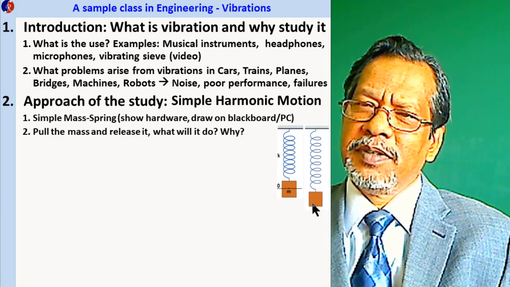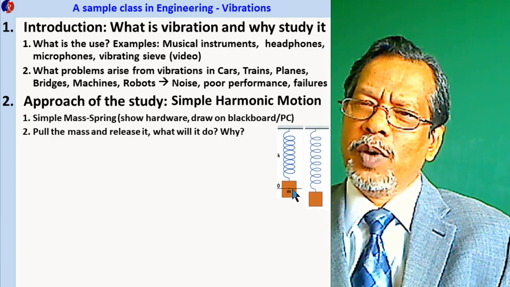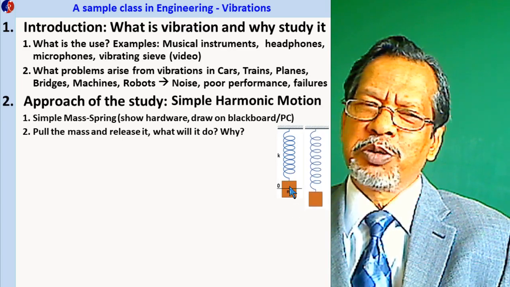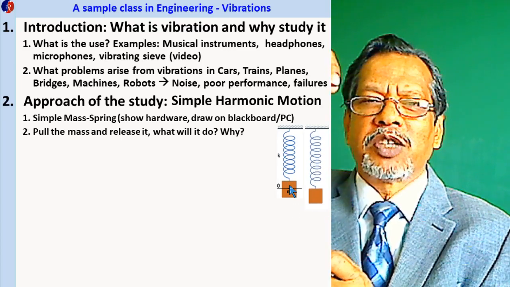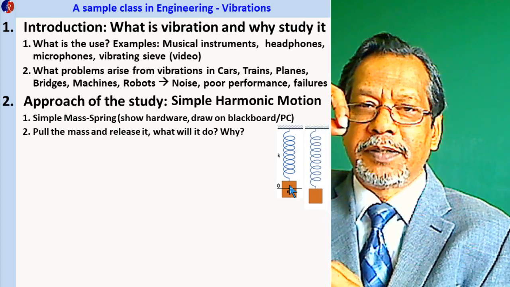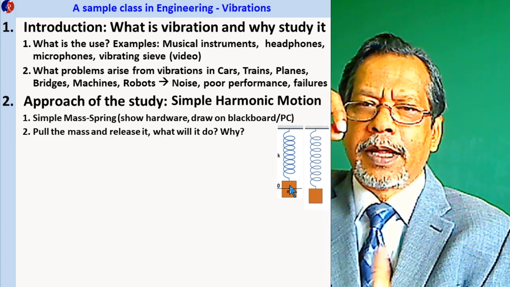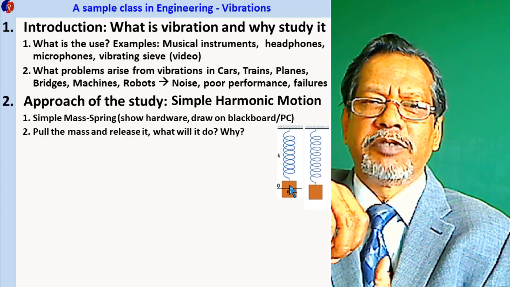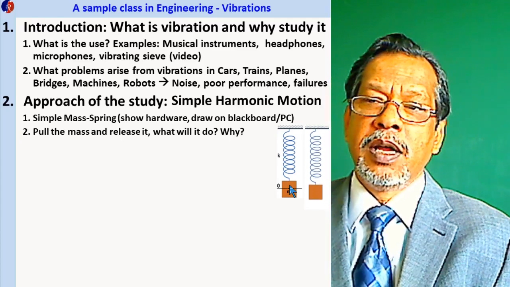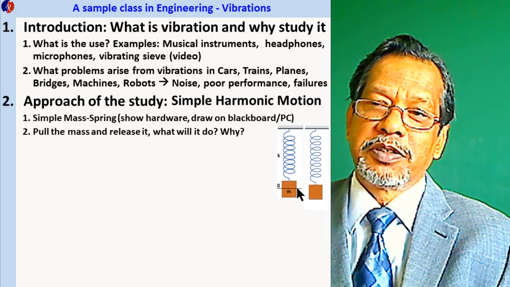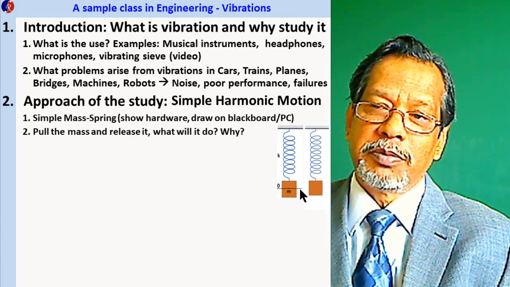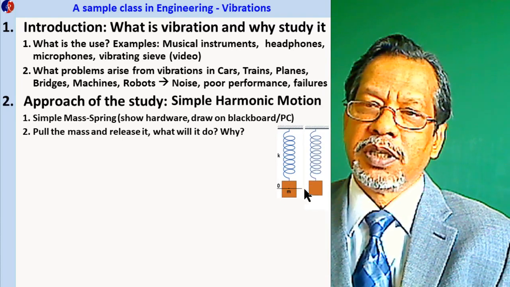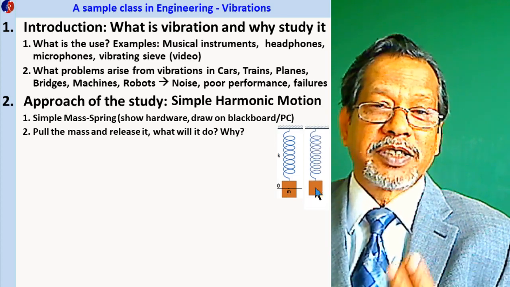Why does it do it? This is what happens. When I pull it, spring gets stretched, and spring tries to pull the mass back. There's a force on it. So when I release my hand, that force of the spring on the body tries to move it up. But then by the time it comes to this neutral position, I'll call it neutral position or reference position, this mass has gained some velocity.